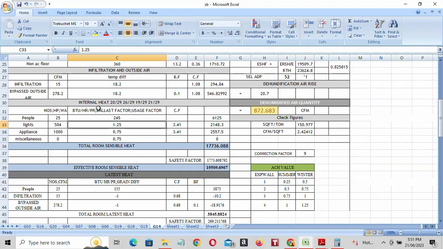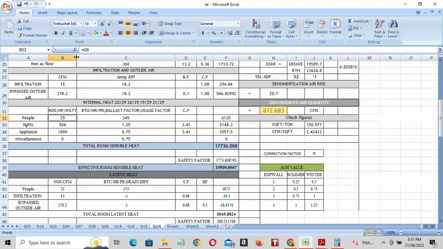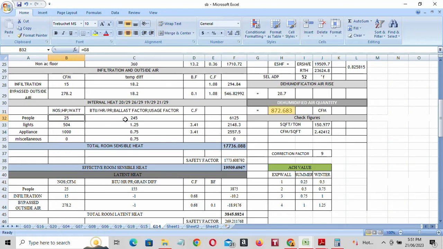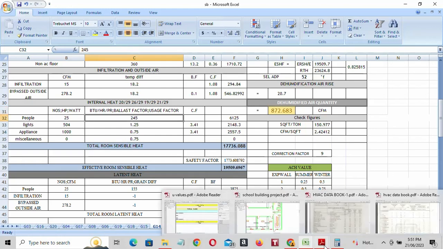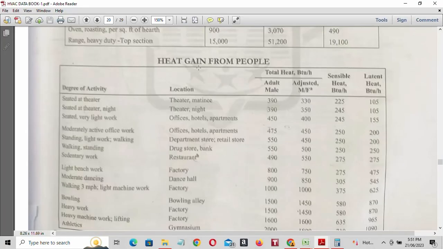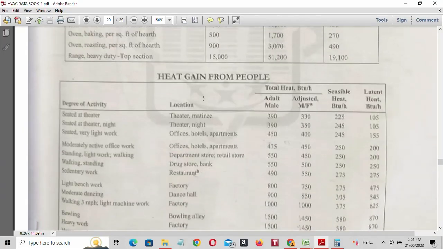Next is internal heat, nothing but sensible heat. So here 25 people are there. And here first one is BTU per hour. We have to take from the design book. See here, heat gain from people, we have to take this value.